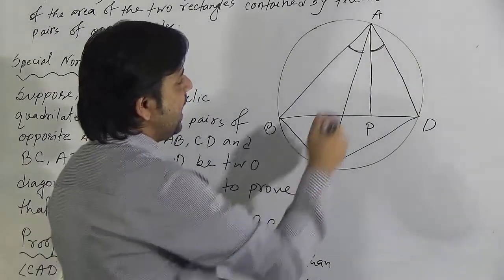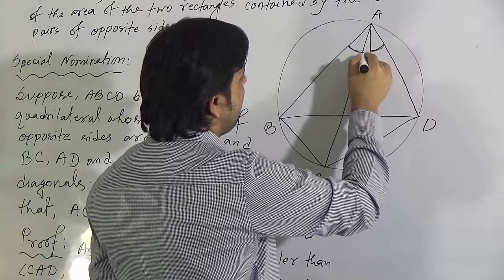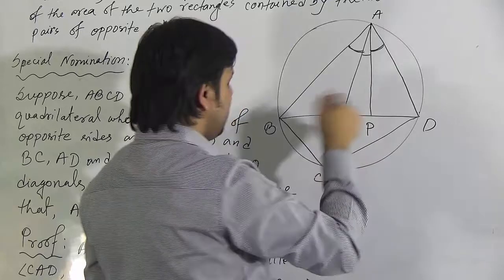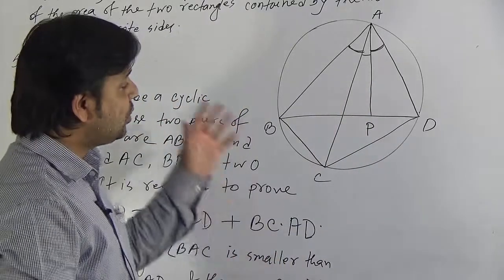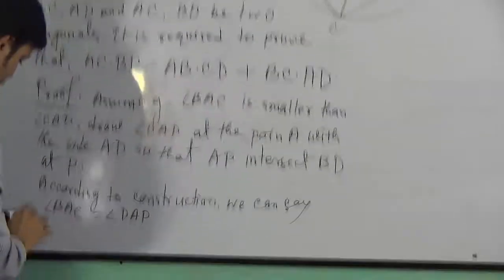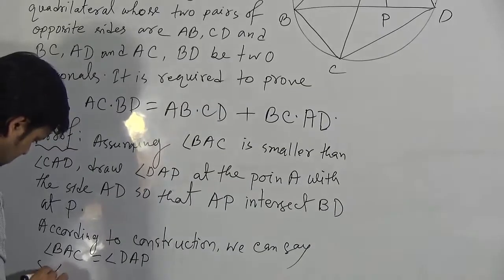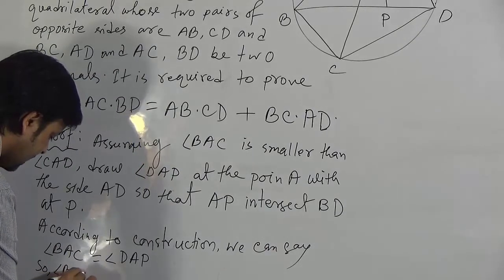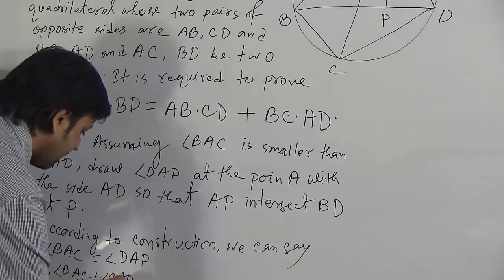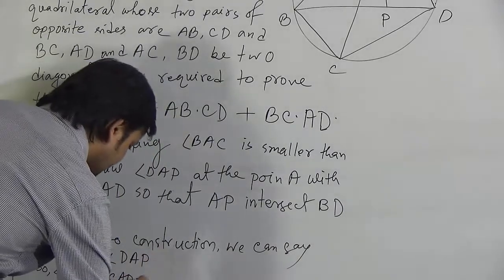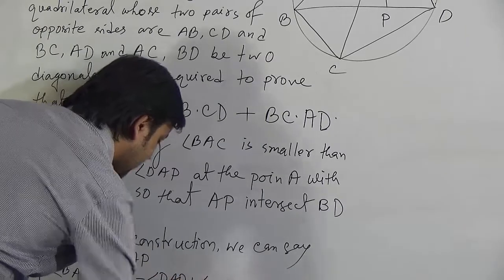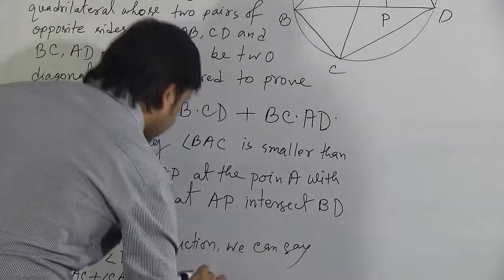Now, if we add angle CAP with both angle BAC and DAP, then the new two angles will also be equal. So we can write, angle BAC plus angle CAP is equal to angle DAP plus angle CAP.